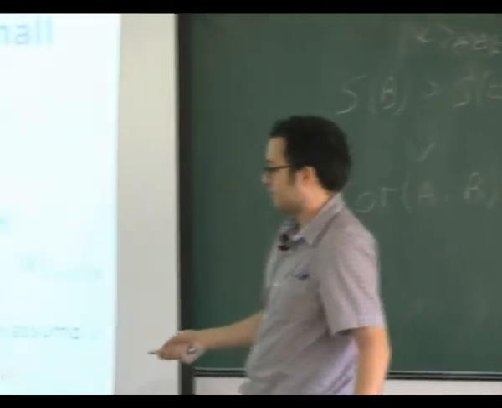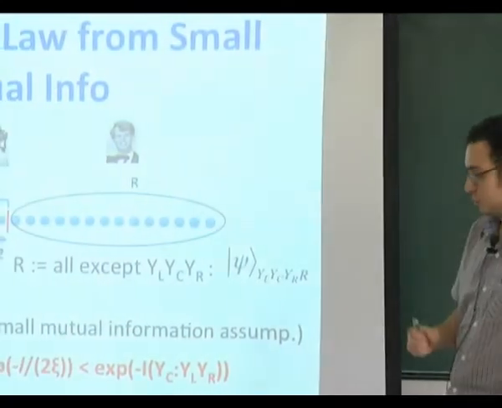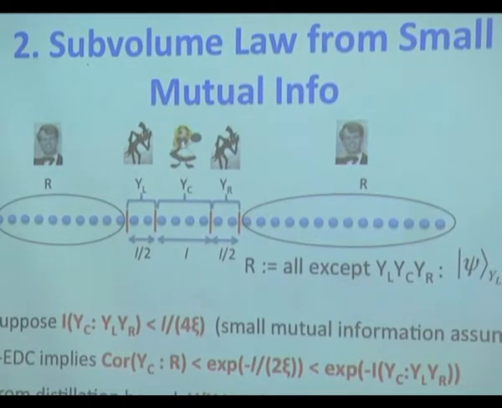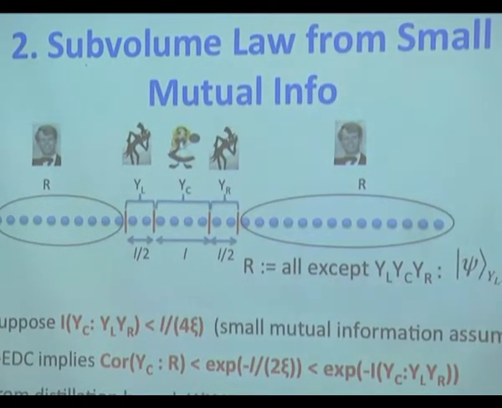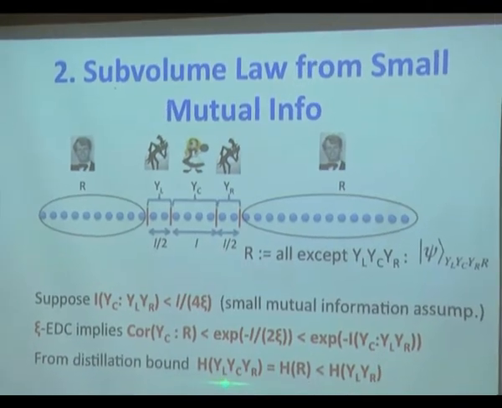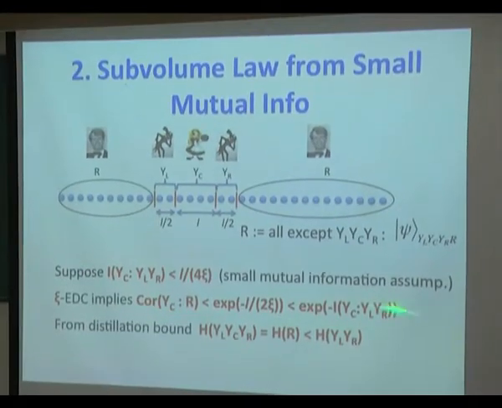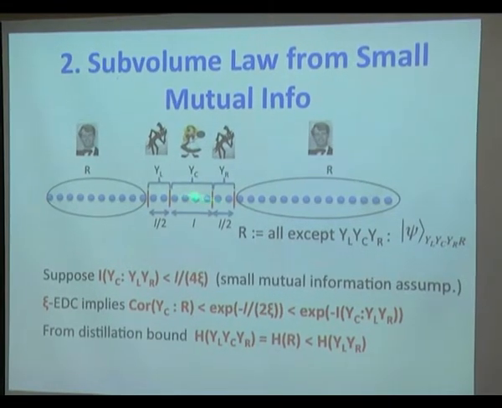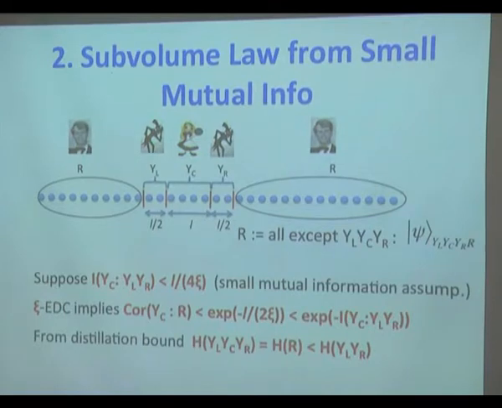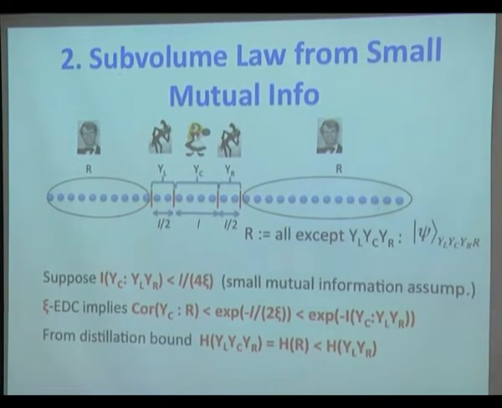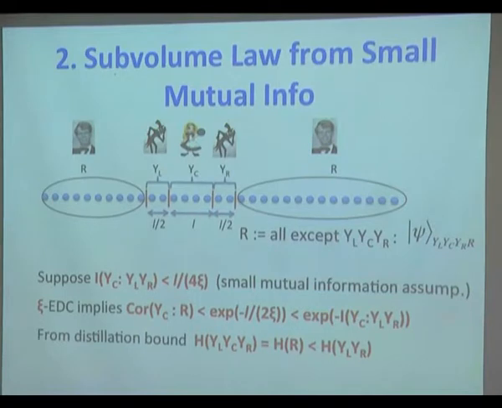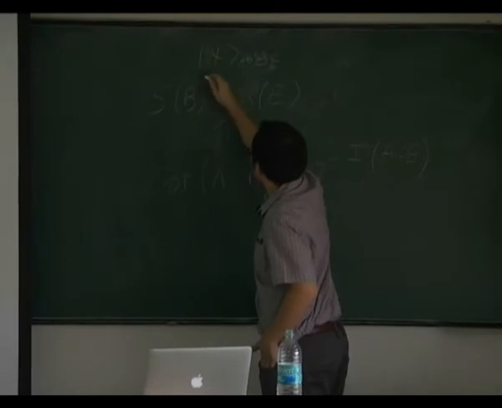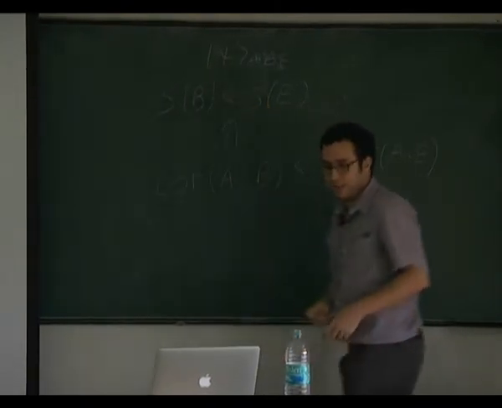So this we have by assumption because the mutual information is small. Now from this distillation bound, by this I just mean this bound, okay? Let's see what we get. This is saying that the correlation is smaller than the mutual information, right? So what's YC? YC here we will identify with Alice, okay? So if the correlation is smaller than this bound, it implies that the entropy of B is smaller than the entropy of E.